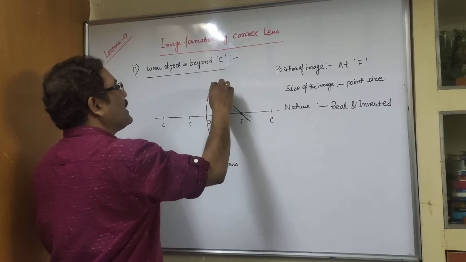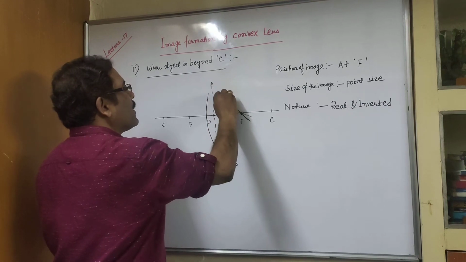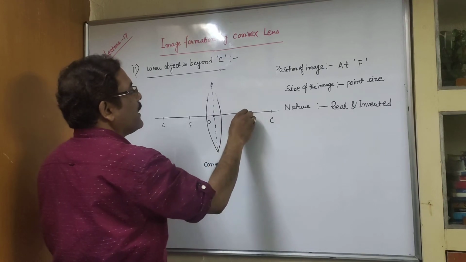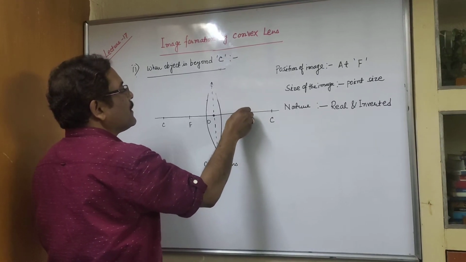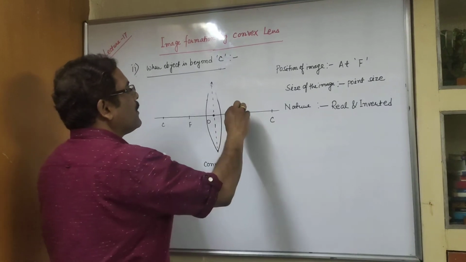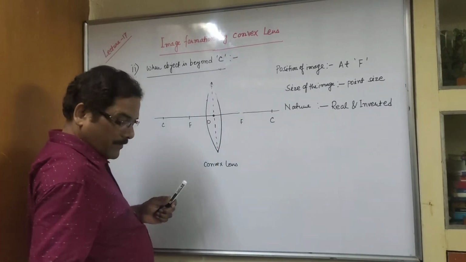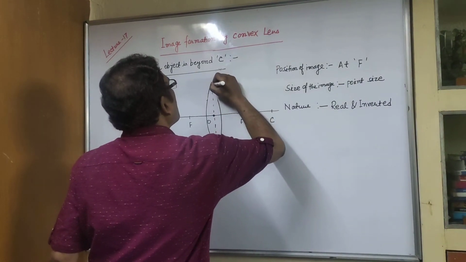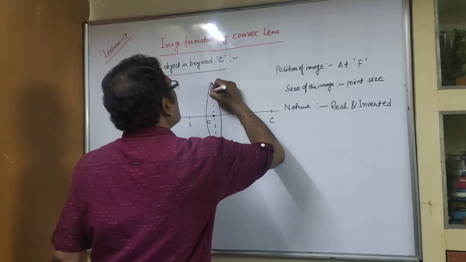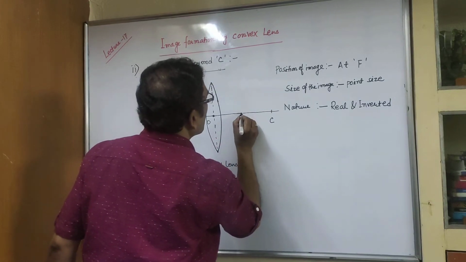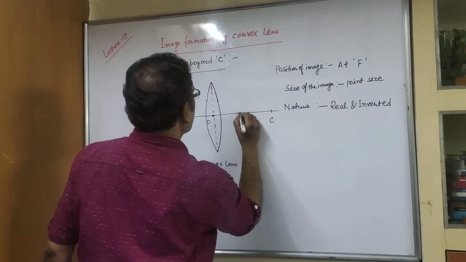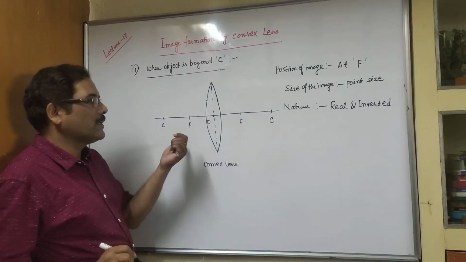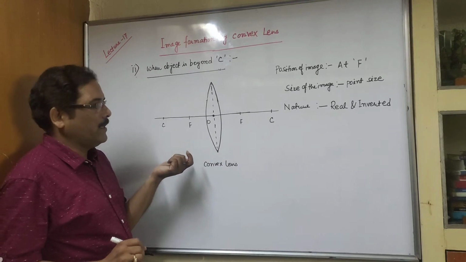Just draw a convex lens again. Mark a point at its center. Draw a horizontal line through the center. That is the principal axis. So this much drawing is common in every case.